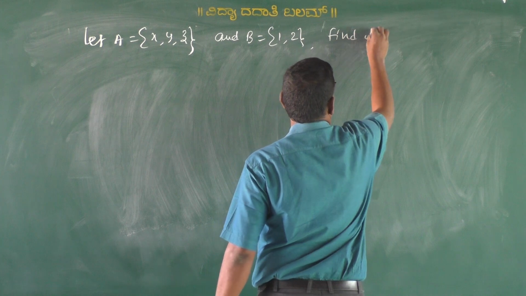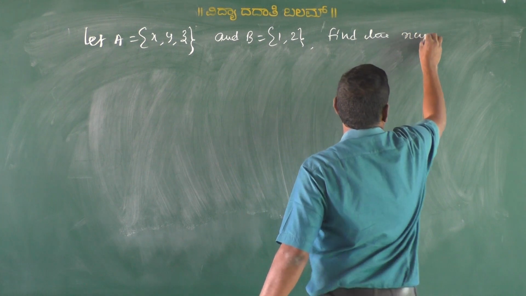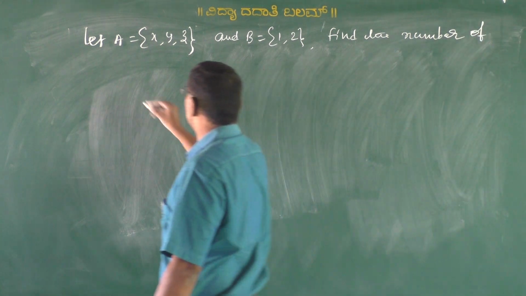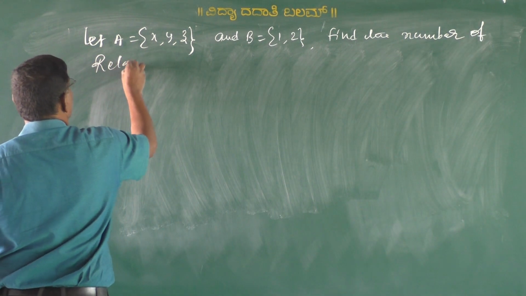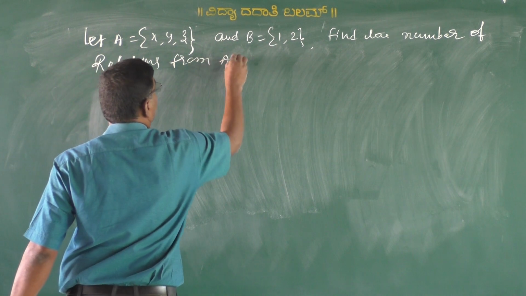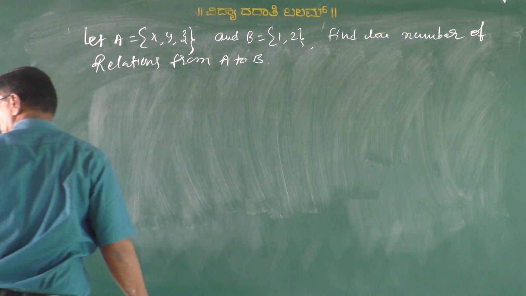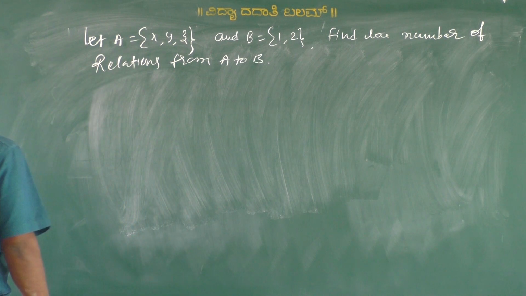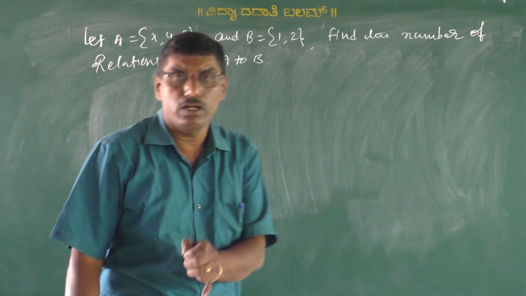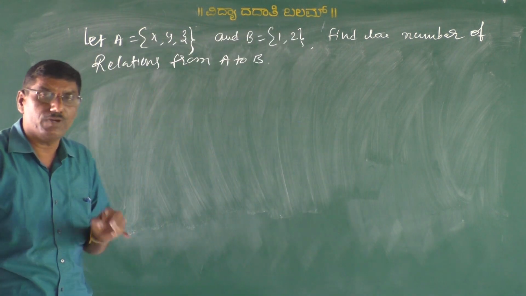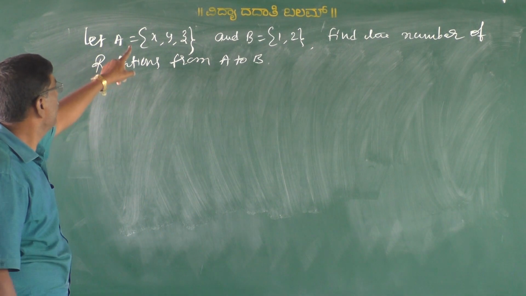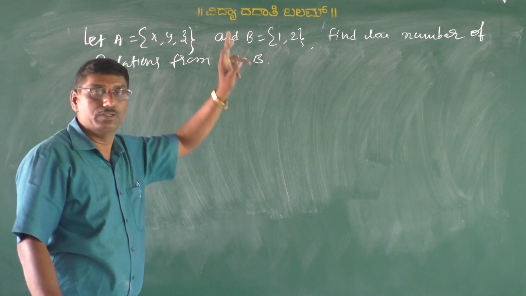Find the number of relations from A to B. Number of relations from A to B, isn't it? That means to find out the number of relations from A to B, first we have to write. Here A is given, B is given.